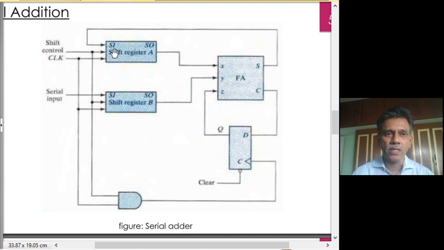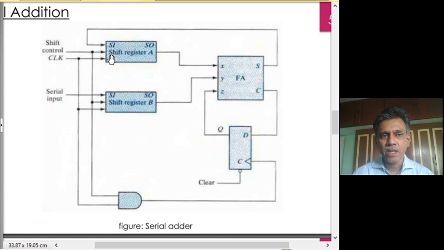Sum goes back to the A register, carry is stored here and used in the next bit addition. First thing is, you will see that the first LSB of the sum which is produced here will get stored in the MSB of this one.